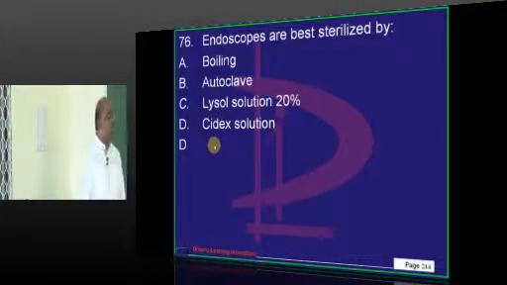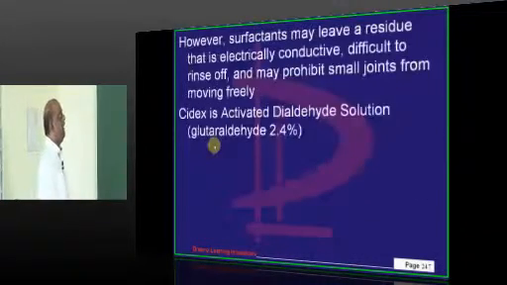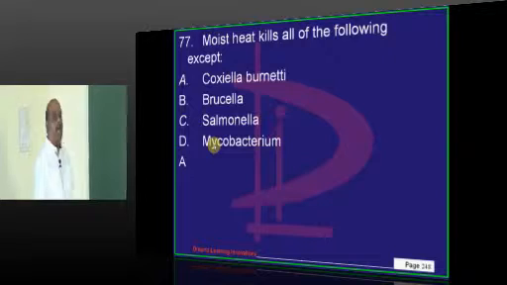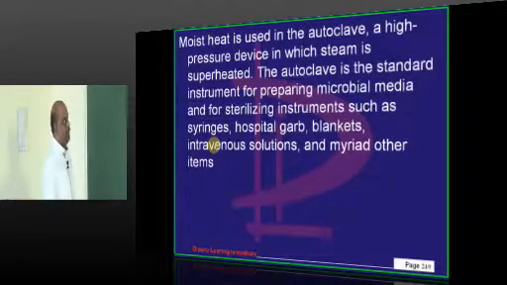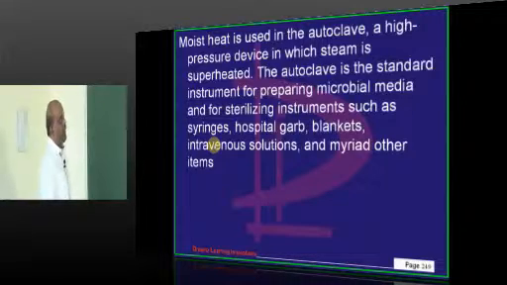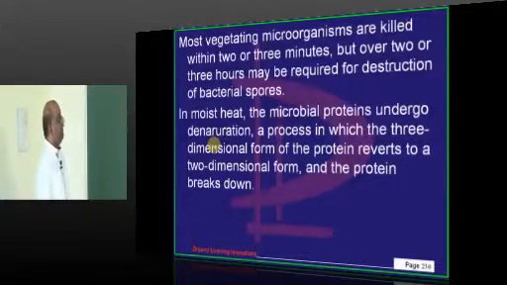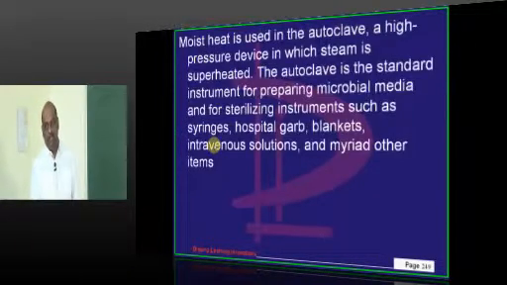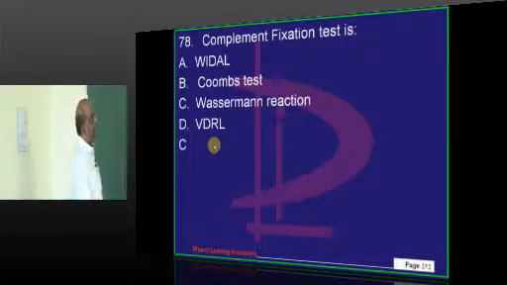Now for endoscopes, Cidex is the solution which we use to sterilize them. For Brucella, Salmonella, Mycobacterium, moist heat can be used. Moist heat is the one which you use for autoclaving, but autoclaving will not be able to effectively kill Coxiella burnetii, which causes Q fever, and this needs to be remembered.